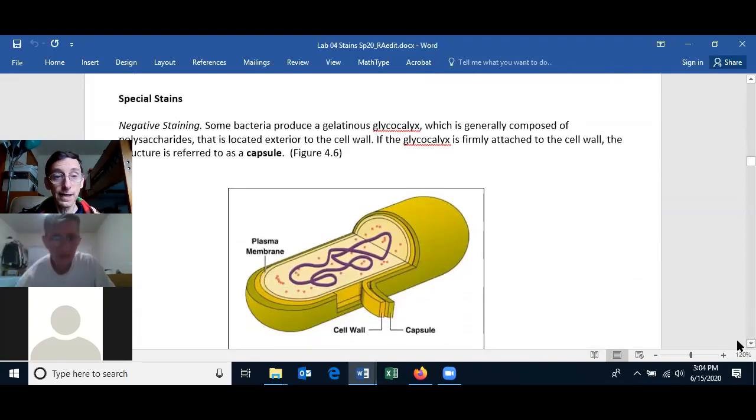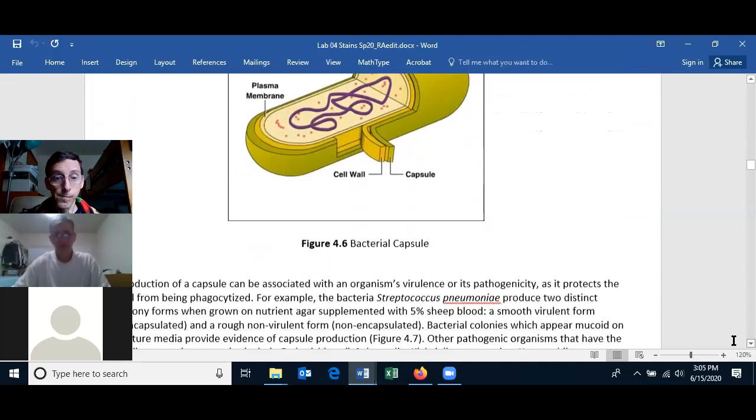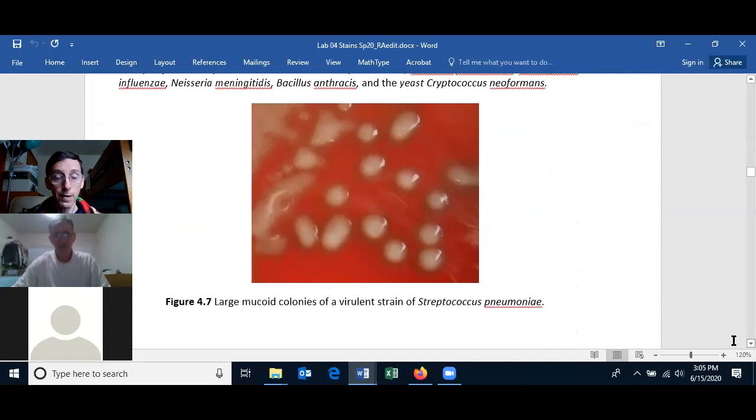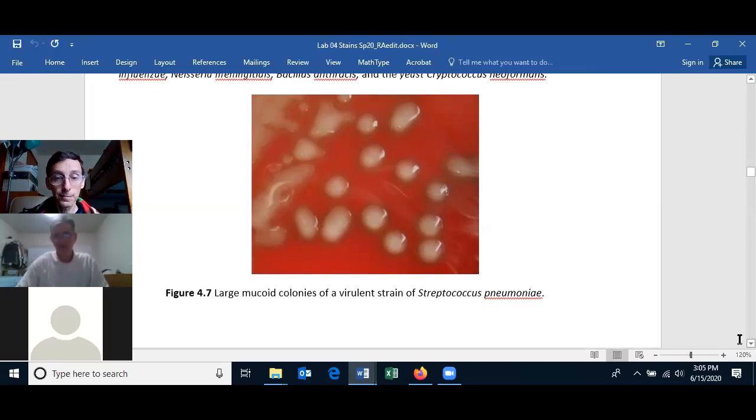There are special stains, such as a stain for the glycocalyx or the cell capsule, and in this one we're using a negative stain. This would be something like cells that have a capsule; the colonies look very mucoid on the petri dish because the capsule makes them very mucus.